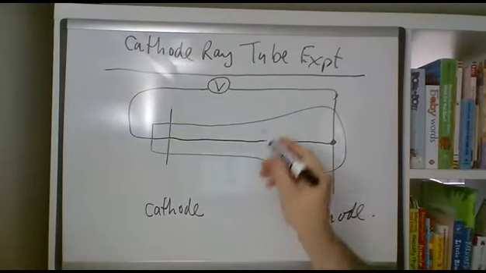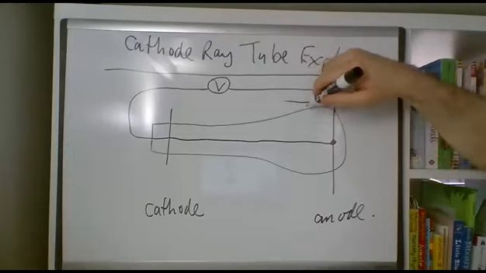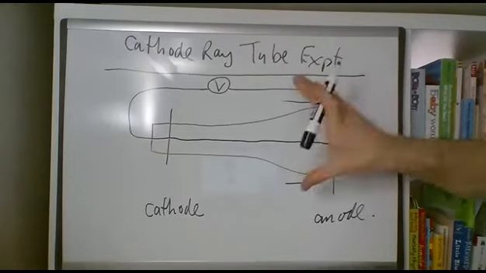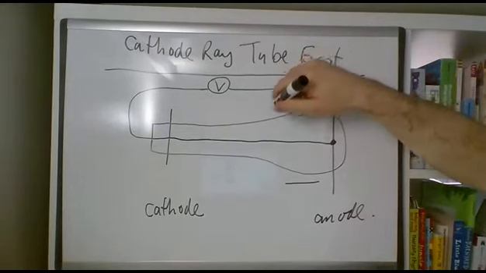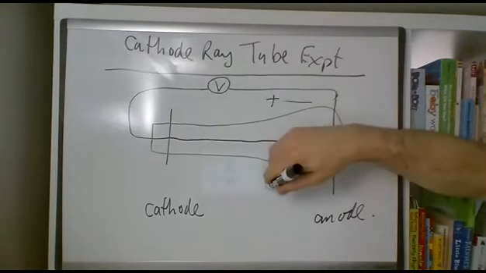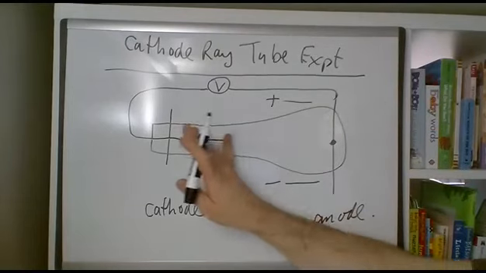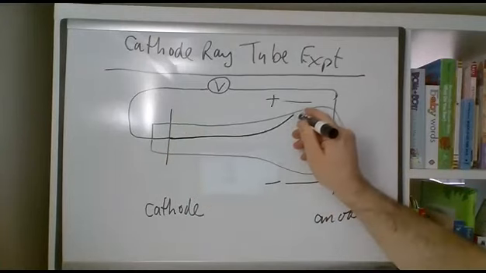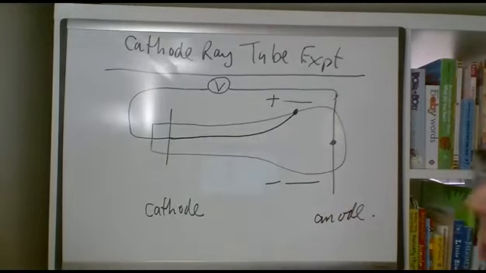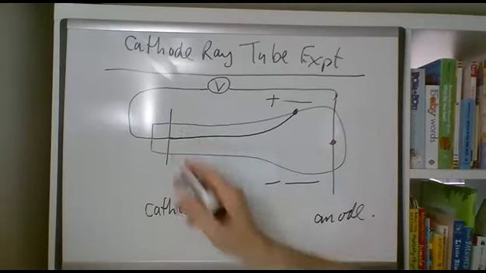So he noticed when he put a field orthogonal to the flow of cathode rays, so let's say he put a magnetic field here or another electric field, he could deflect the ray towards the positive plate. Wherever this ray was, it originated at the cathode.